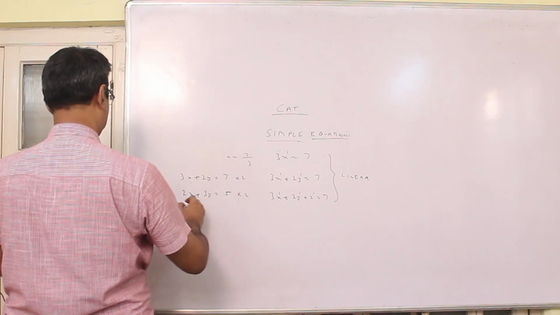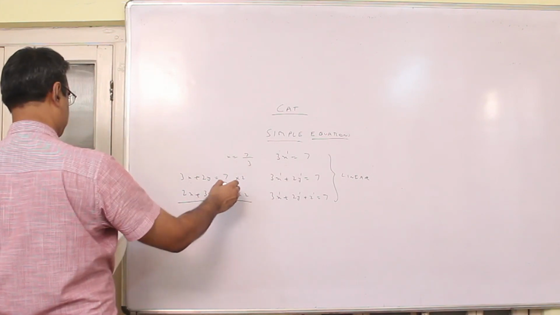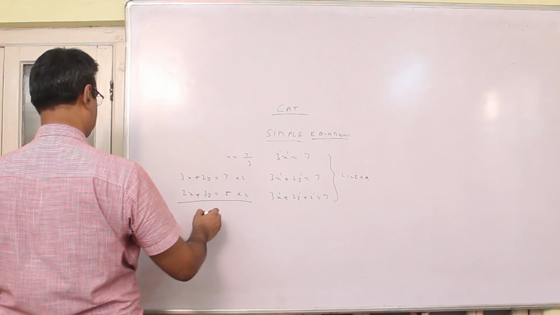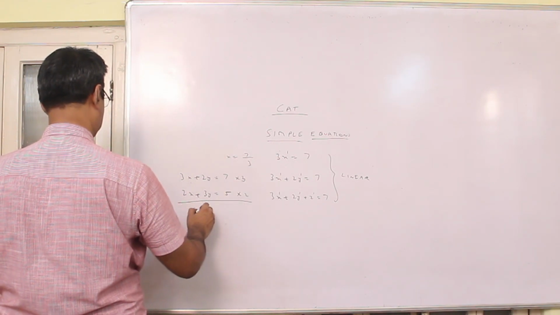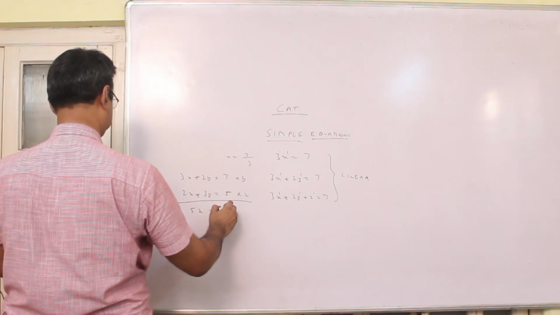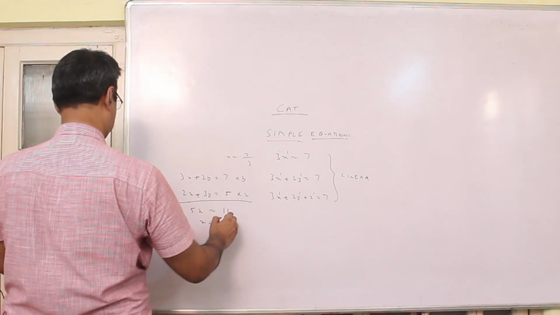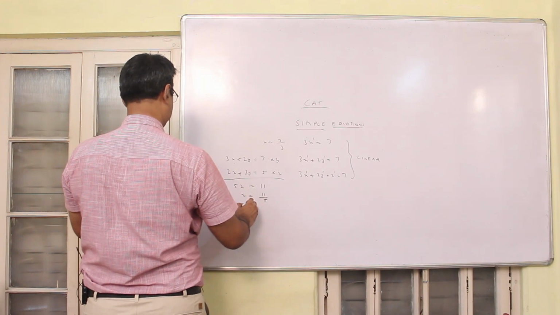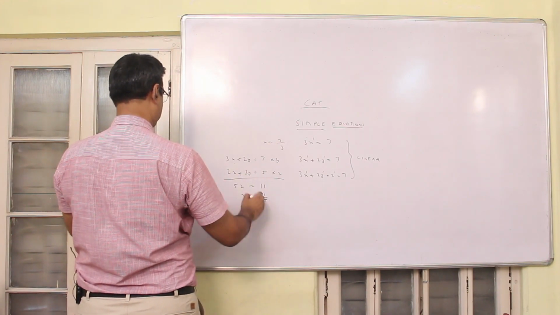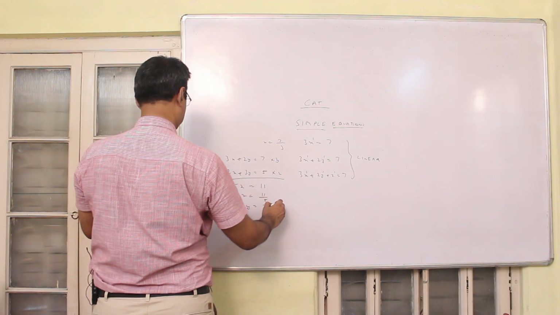For example, if you multiply the first one with 3 and the second one with 2, then x will come 11 by 5, and once you get x, you put it in any equation.